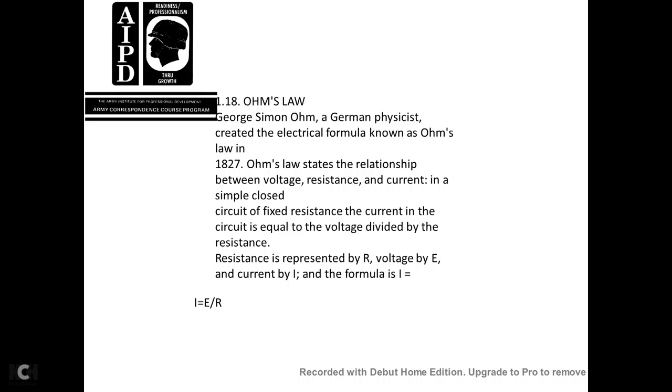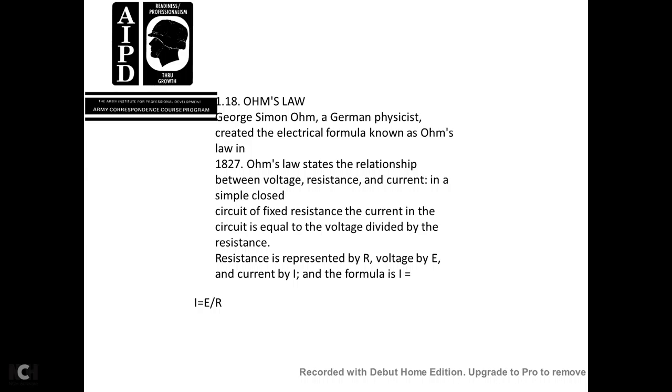118, Ohm's Law. George Simon Ohm, a German physicist, created the electrical formula known as Ohm's Law in 1827. Ohm's Law states the relationship between voltage, resistance, and current. In a simple closed circuit with fixed resistance, the current in the circuit is equal to the voltage divided by the resistance.